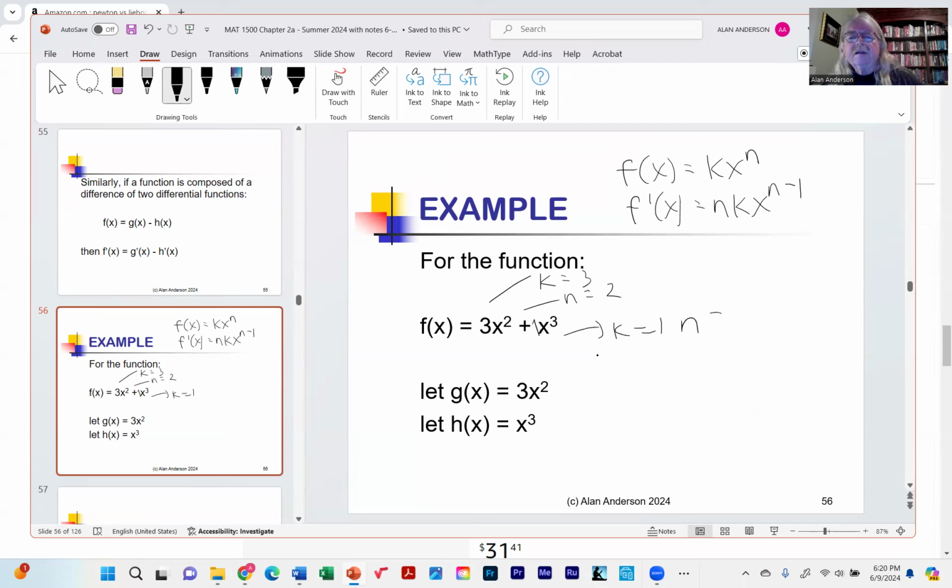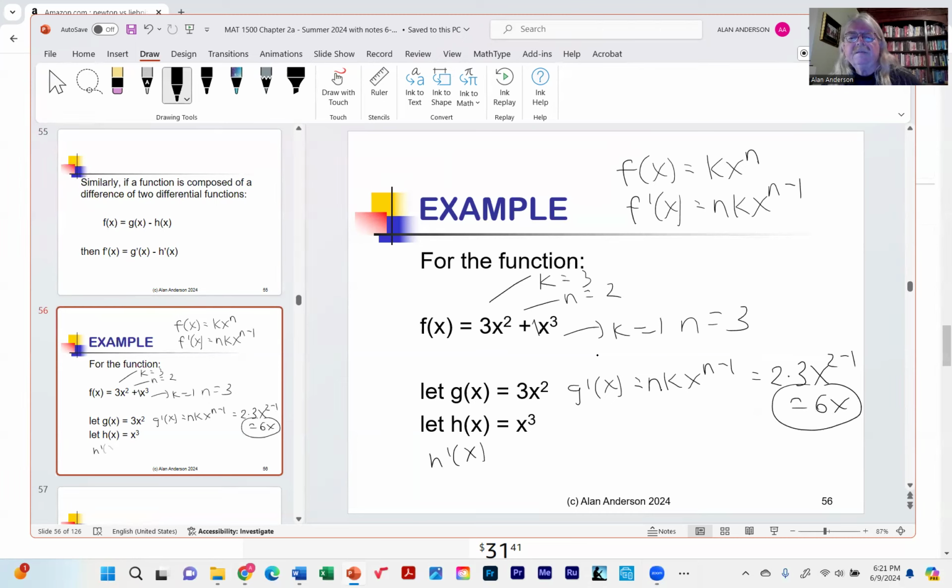And then n is 3. So g prime of x will be 2 times 3 times x to the 2 minus 1, 6x.